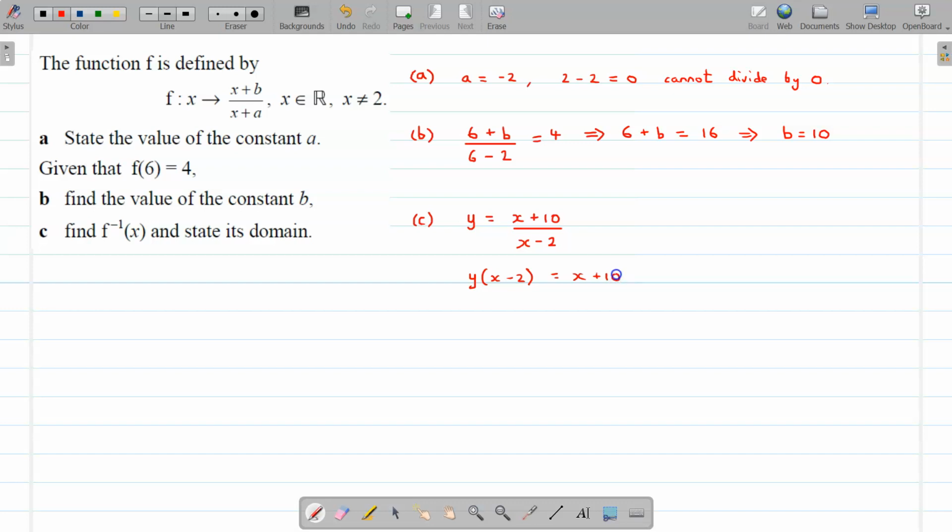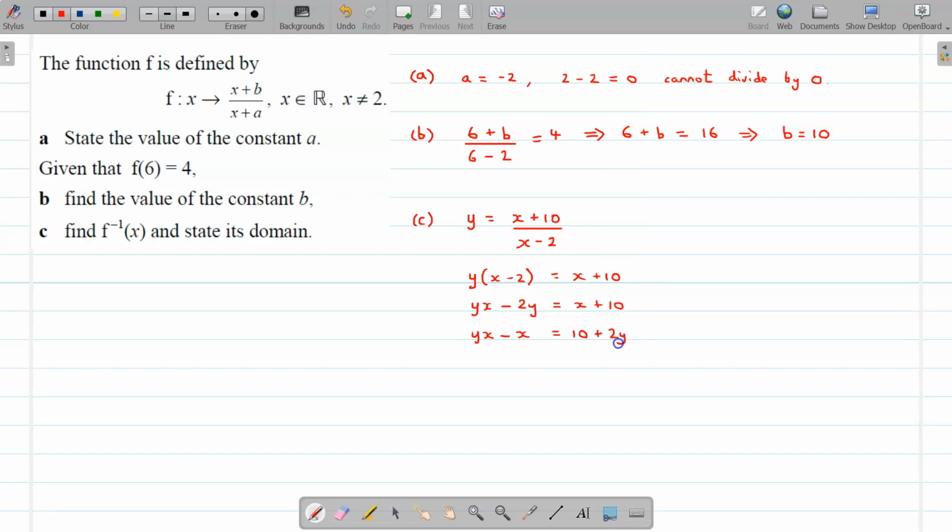Now multiply out the brackets. Essentially what we're trying to do is get all of the x terms on one side and all of the non-x terms on the other. So let's do the brackets first to give us that. Now, if I subtract x from both sides, I have yx take away x, and then add 2y to both sides at the same time. That will give me 10 plus 2y.